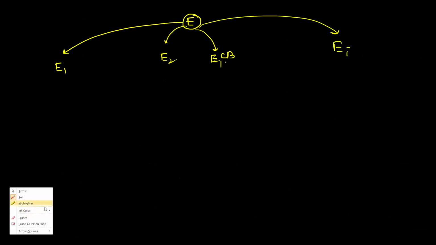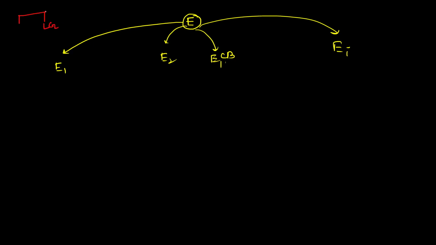In E1, what happens? What does elimination mean? First, look at this. Suppose I have one leaving group here. The carbon attached to the leaving group is the alpha carbon. This is the beta carbon. The hydrogen attached to the beta carbon is the beta hydrogen.